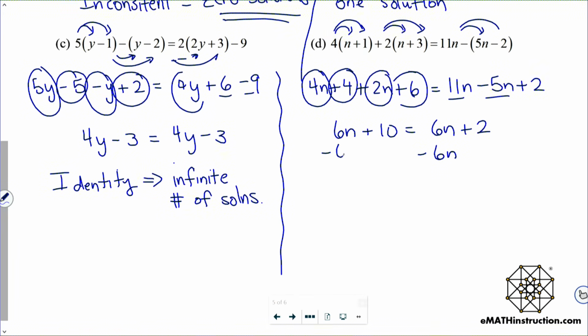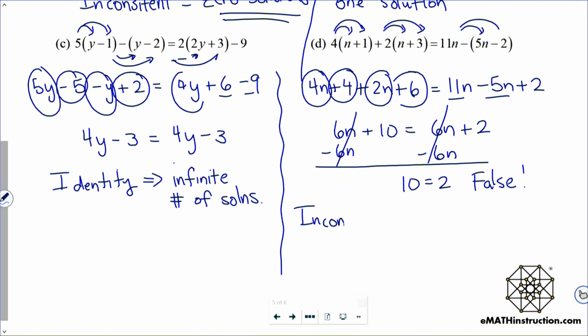When we do that, we get the silly statement that 10 is equal to 2, and that is always false. 100% of the time, 10 is never equal to 2. Therefore, this is an inconsistent equation that has no solutions.